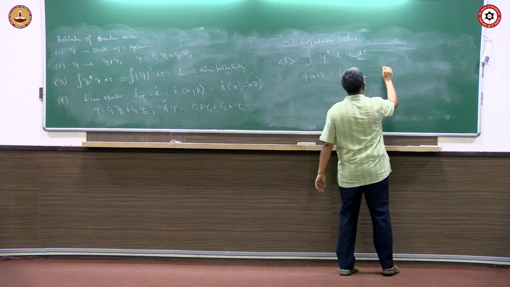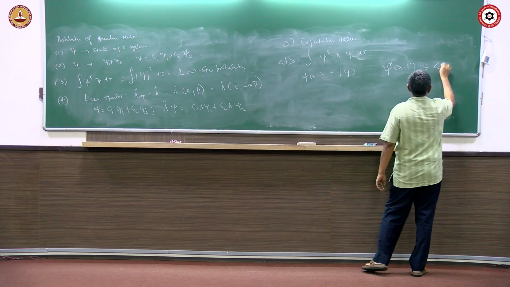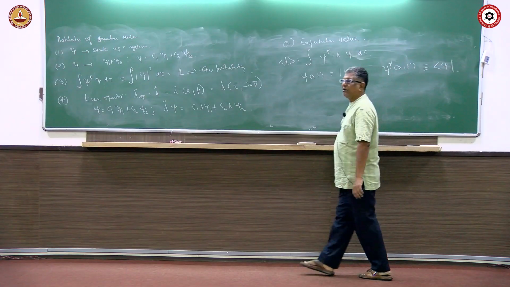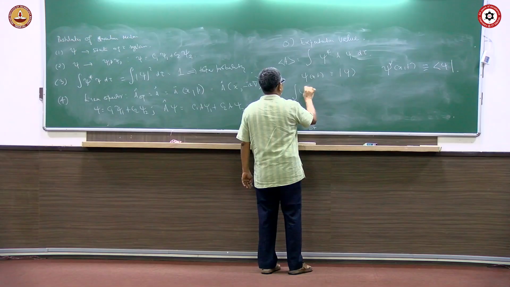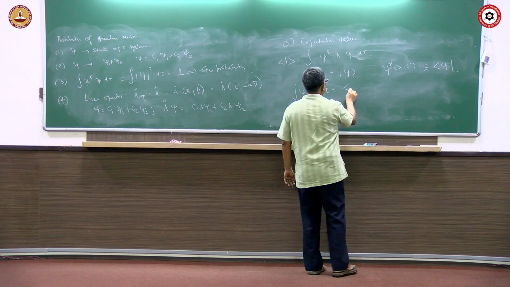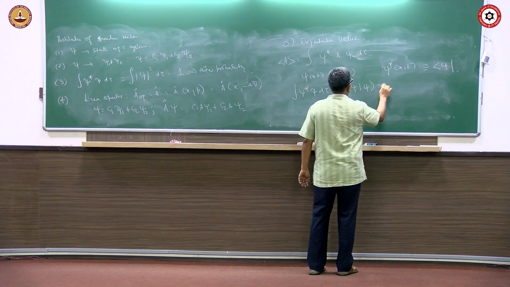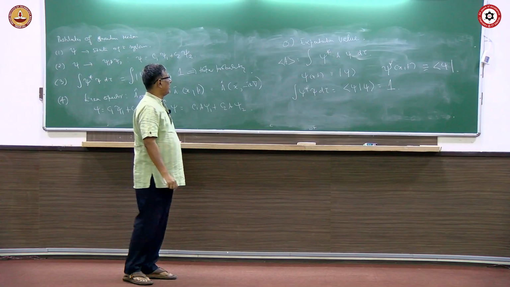In a similar sense, the corresponding complex conjugate is represented like this, in bracket notation. The integral psi star psi d tau equal to 1 is written like this in Dirac notation.